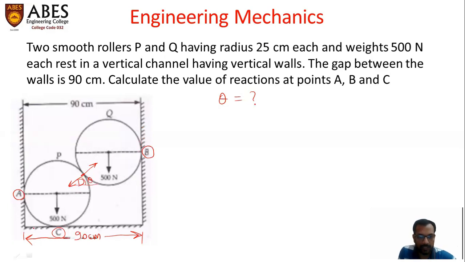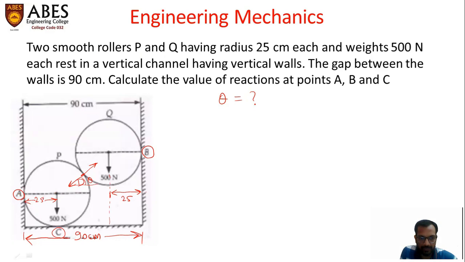Please observe carefully that the gap between these two vertical walls is given as 90 centimeter. If we drop this vertical vector to this level, this gap is clearly equal to the radius of this roller. The radius of this roller is 25. So this is 25. Similarly, the gap between the center of this lower roller and the point A is once again 25 centimeters.